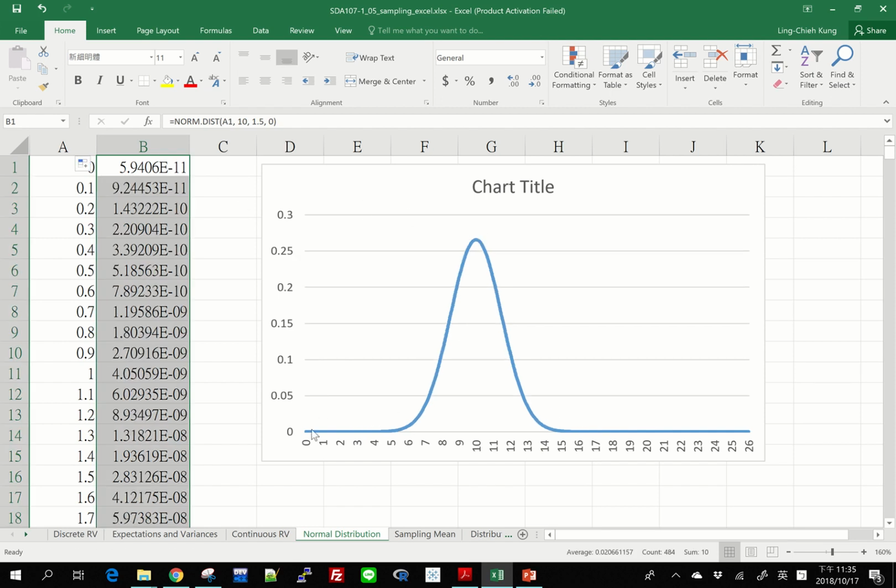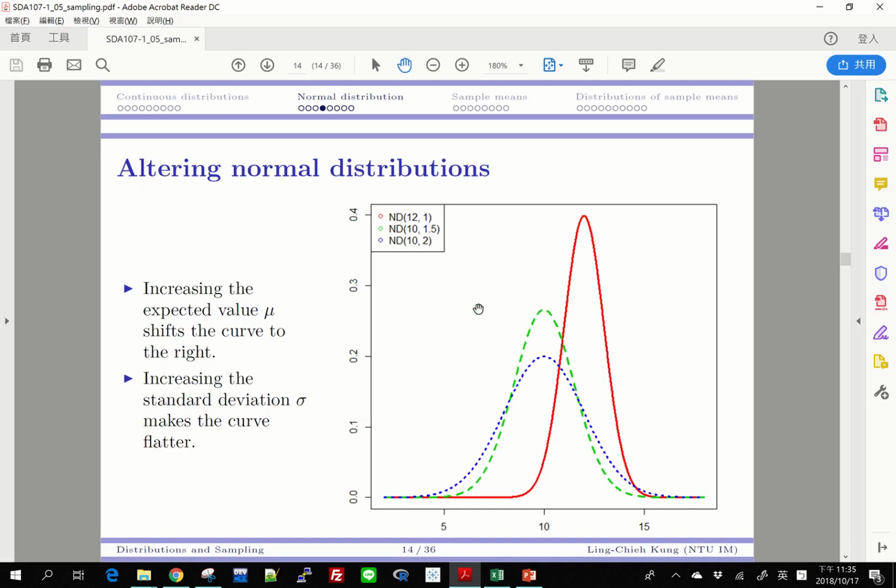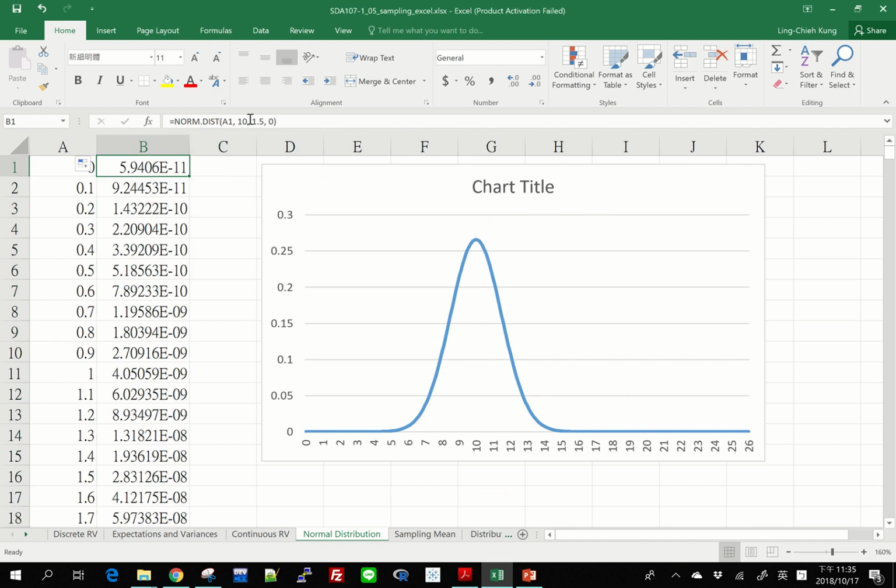We get another curve that is just tighter in some sense, and the peak is about 0.26, right? So lastly, I want to get the red one, 12 and 1. Let me try it.